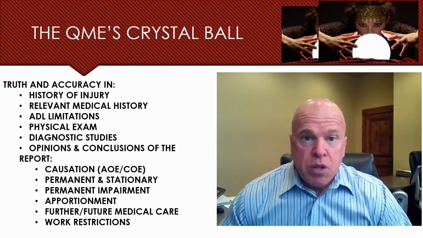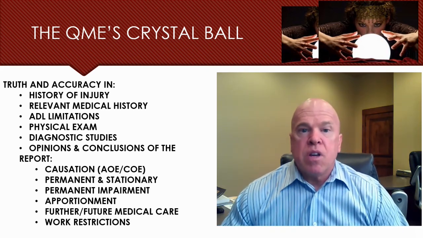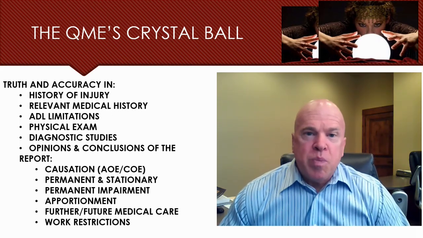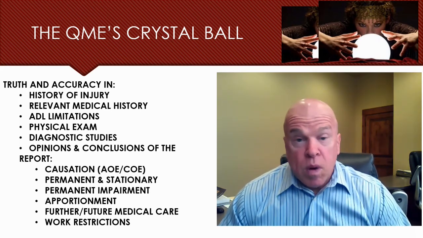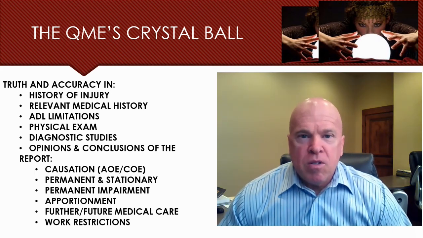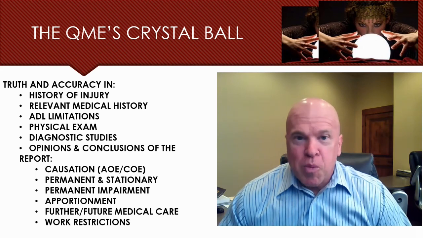And I'll share with you those incentives as we get into today's discussion. So with no further ado, let's begin today's discussion regarding the relevant medical history in session 4 of our new series entitled The QME's Crystal Ball.